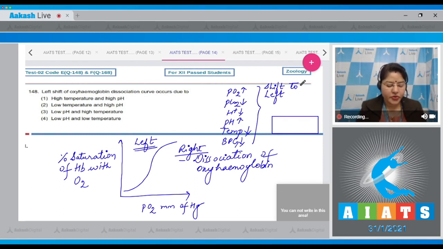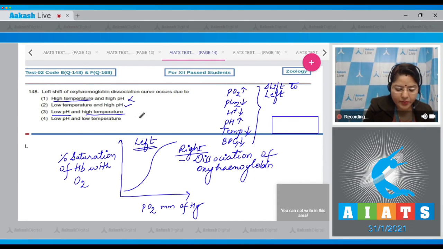Now let's see the options. Option number 1, high temperature and high pH. This is incorrect because high temperature is responsible for shift to right. Second option, low temperature and high pH. This is correct. Option number 3, low pH and high temperature.